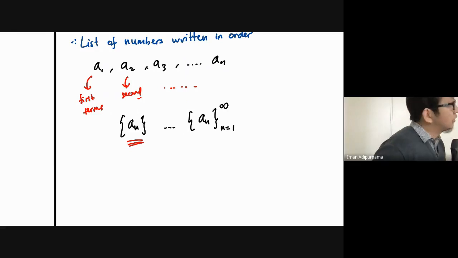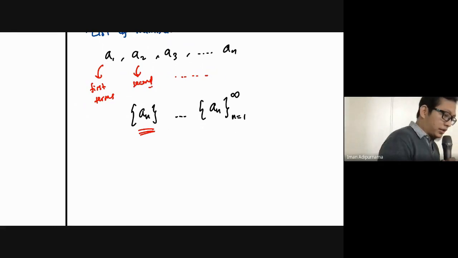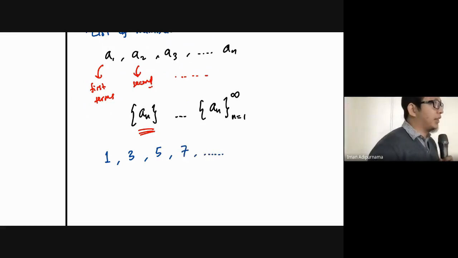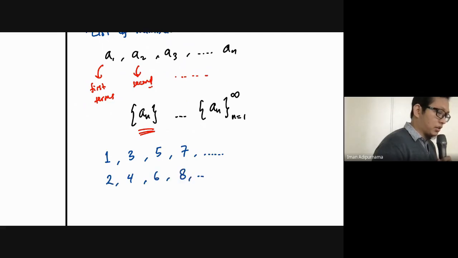And usually, for example, I can start from, let's say, 1, 3, 5, 7. It has a pattern, right? We can say it's the odd numbers. Or we can go from 2, 4, 6, 8. You can say it's even numbers.